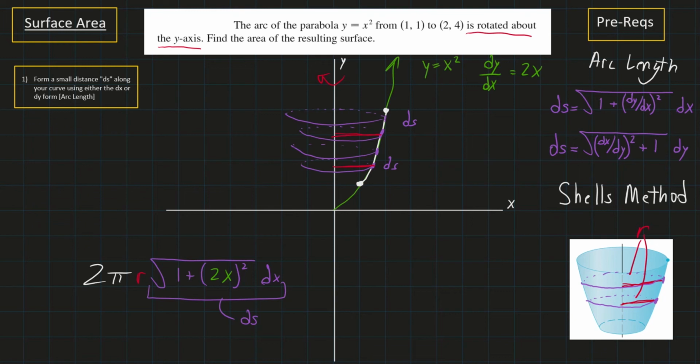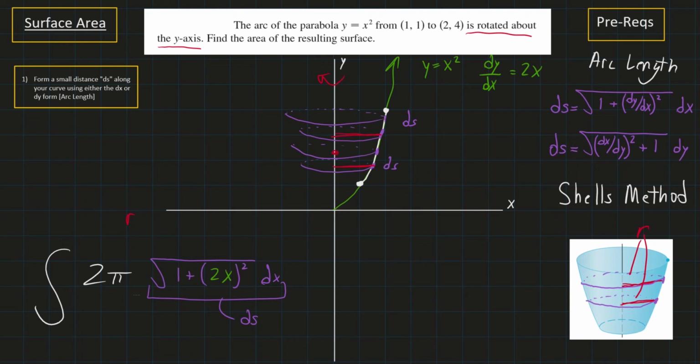And if we add up all these hoops, we'll get the total surface area. My picture is rough here, but hopefully you can imagine this. So of course I want to just add up all of these hoops. Getting a little bit ahead of myself, let's just figure out what r is. Of course I can't leave r there.